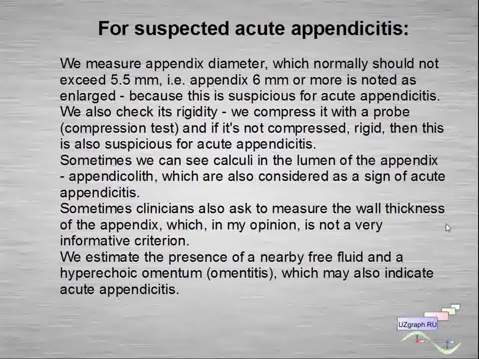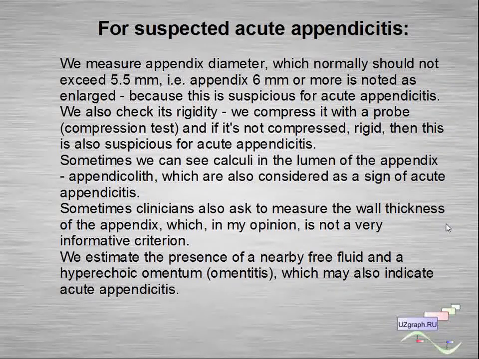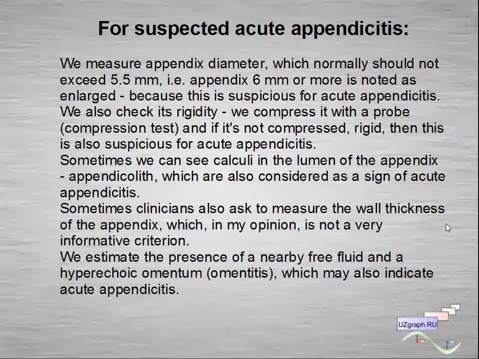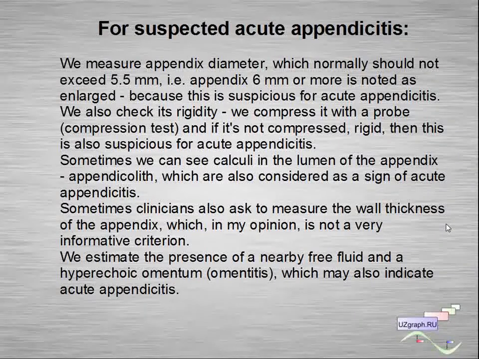Sometimes we can see calculi in the lumen of the appendix, appendicoliths, which are also considered a sign of acute appendicitis. Sometimes clinicians also ask to measure the wall thickness of the appendix, which in my opinion is not a very informative criterion. We estimate the presence of nearby free fluid and hyperechoic omentum, omentitis, which may also indicate acute appendicitis.